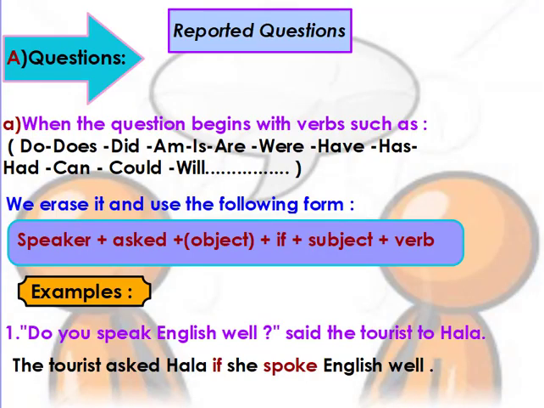Today we are talking about the reported questions. We have studied in the last unit the reported statements. Today, the reported questions.